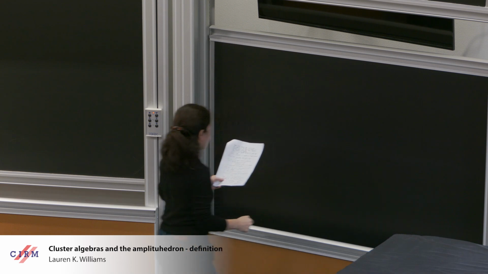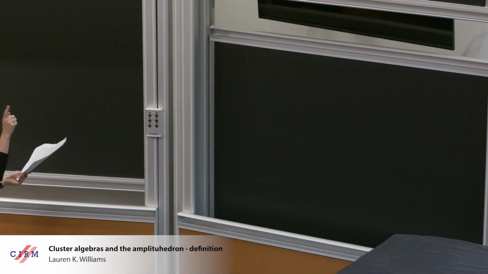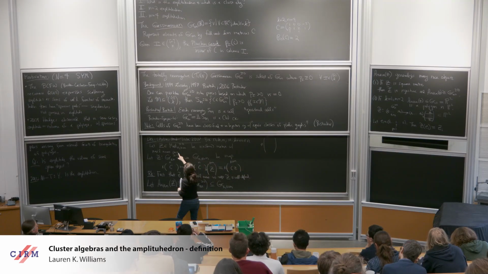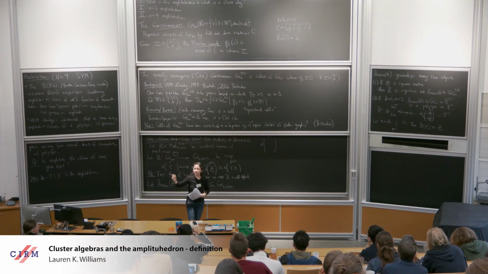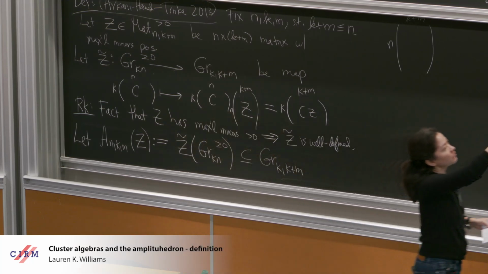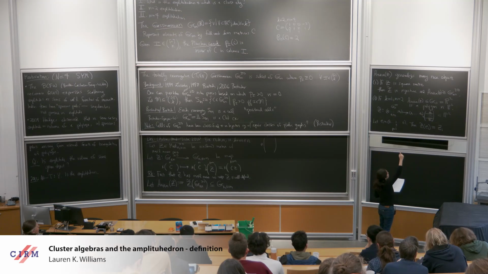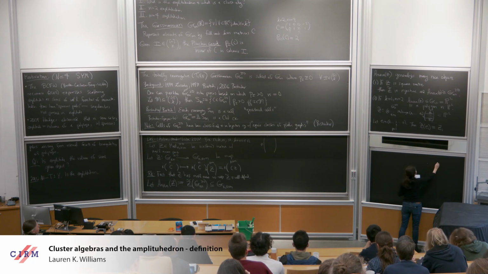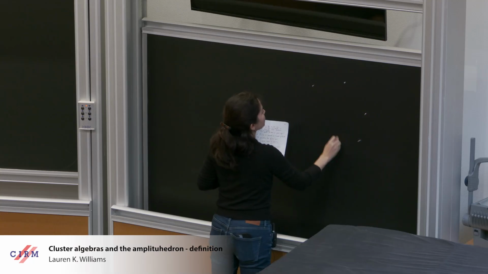And now, remember, I've required my matrix Z to have maximal minors positive. And so what that will mean is if I draw my vectors Z1 through Zn in P2, then they must be in convex position.